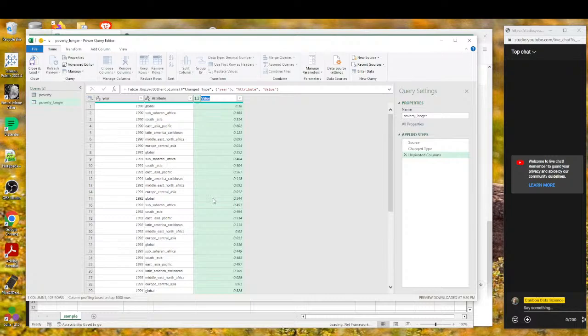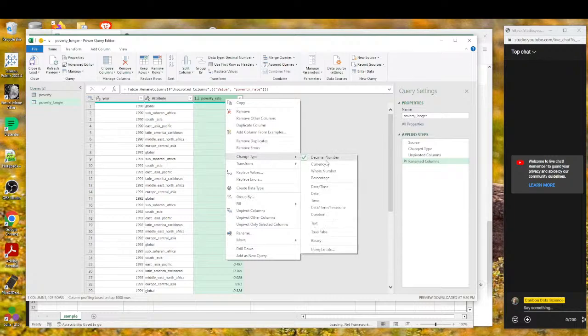Poverty rate? Okay. We're going to reformat this so that it's currency.